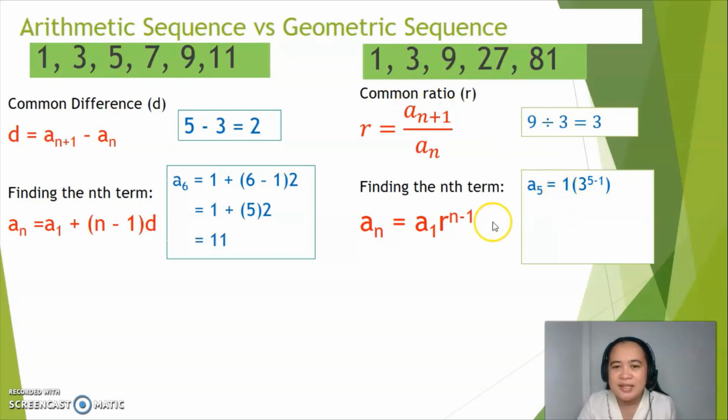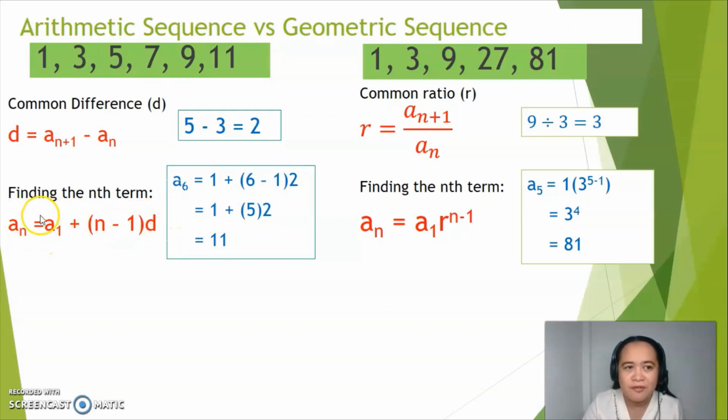A1, or the first term, is 1. The common ratio is 3. And since we're asked to find the fifth term, that would be 5 minus 1. Or that would be 3 to the power of 4, which, when you simplify, is 81. So take note of the formulas for finding the nth term of arithmetic sequence and geometric sequence.